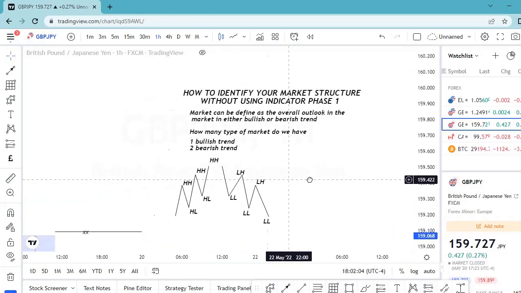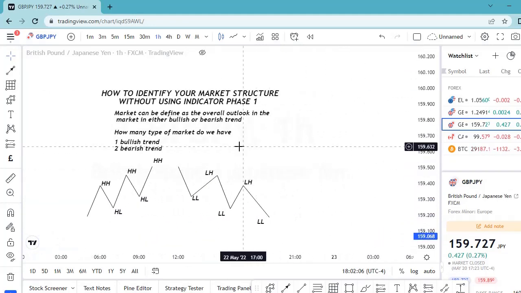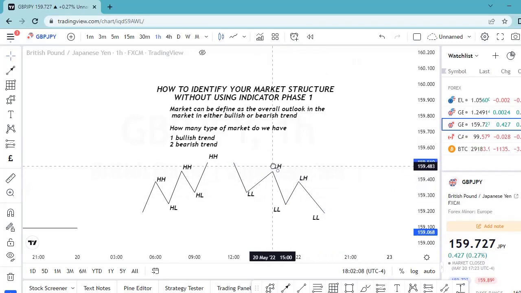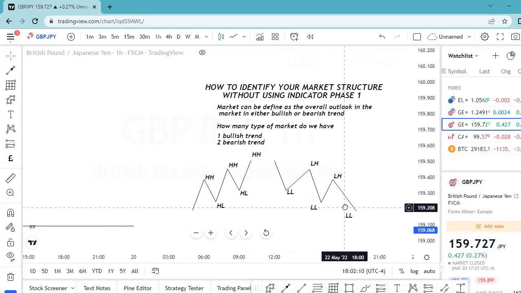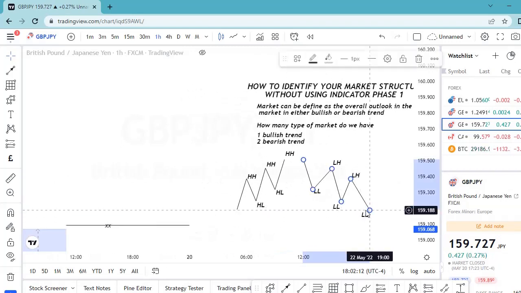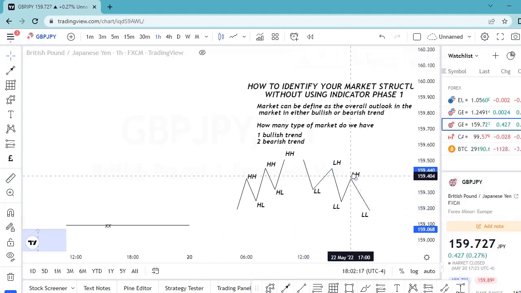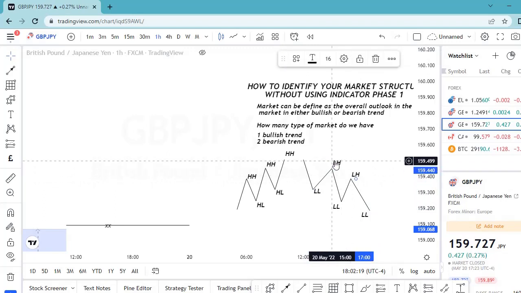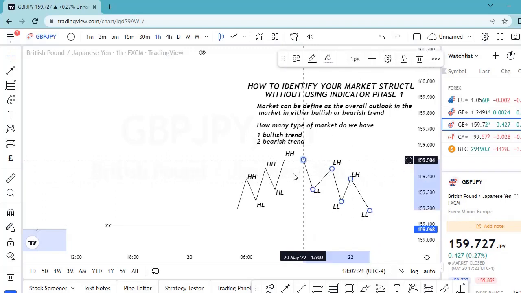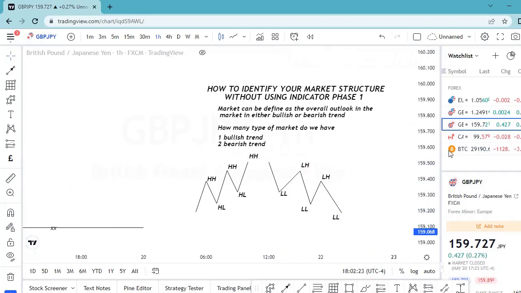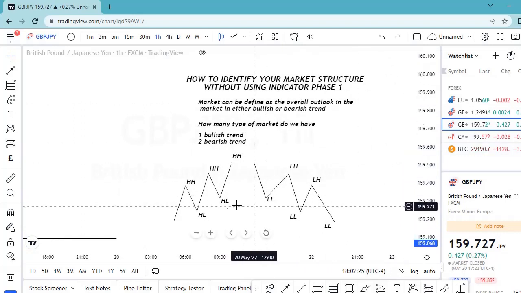So this is it, family. If you want to write down how I define market structure, fine. You can define it the same way I define it, and if you want to use your own definition, it's still fine, right? Everyone with his own way of definition.